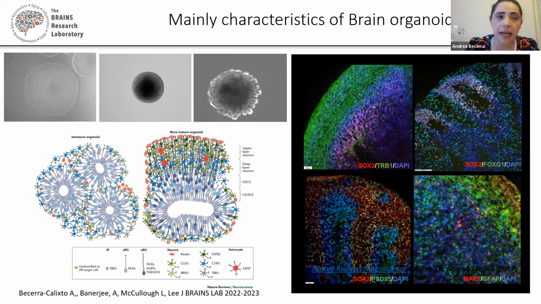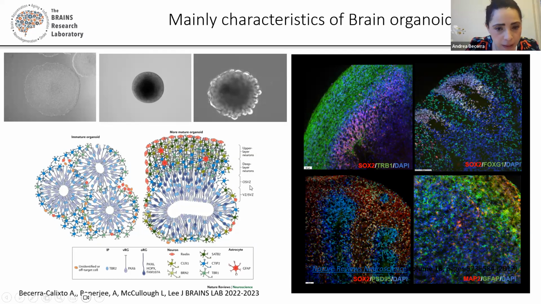These cells in neurodevelopment are in charge of the production of different kinds of neurons and glial cells during that neurodevelopment. When the organoid starts to mature, we are able to produce in vitro different areas of the brain. The most important ones are the ventricular and subventricular zones, the outer ventricular zone, deep layer neurons, and upper layer neurons, which mimic some neocortex areas.